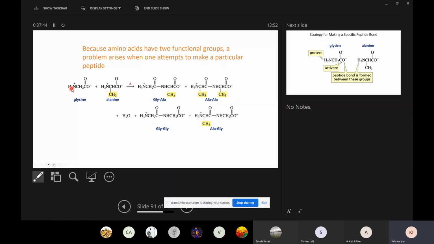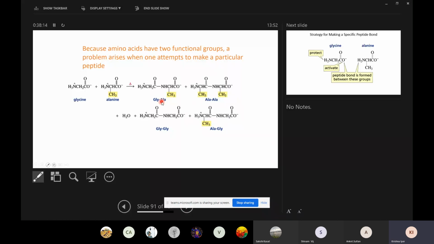Likewise, the amino group of glycine attaches itself to the carboxy group of another glycine, and I end up getting glycyl glycine as a dipeptide. Or instead of this amino group reacting with this carbonyl carbon, this amino group ends up reacting with this carbonyl carbon, and I end up getting alanyl glycine rather than glycyl alanine. This is the problem we face when trying to make a dipeptide.